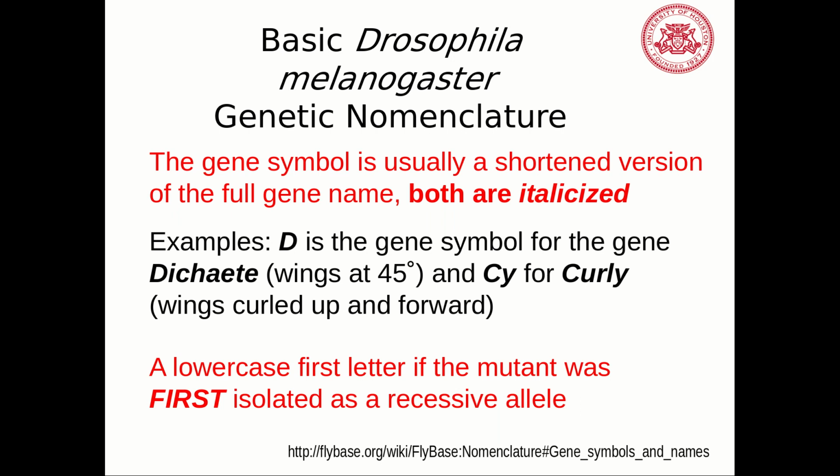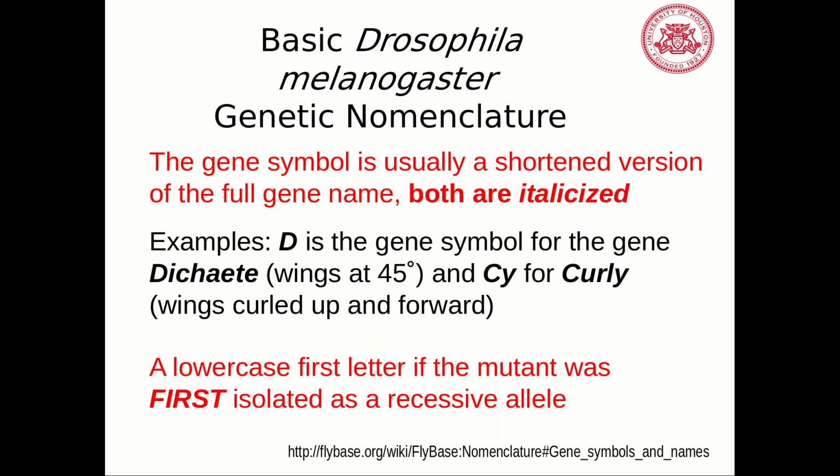So whenever you discuss these or put these in your paper, and man, people lose so many points for not doing this correctly, you need to italicize them and capitalize them. So notice that dikete and D are both capitalized, and Cy and curly have a capitalized first letter as well.